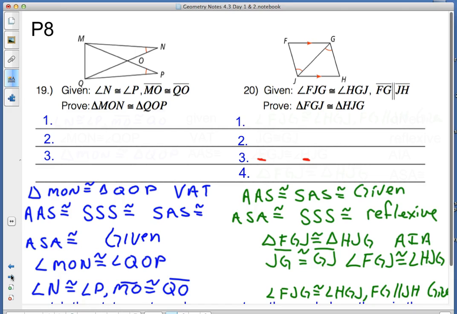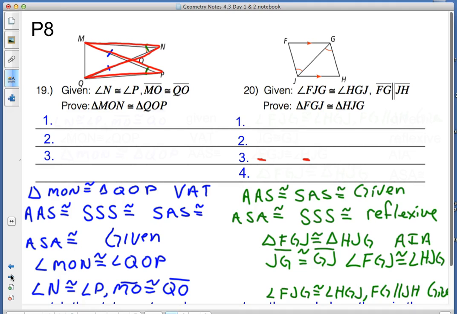So here's the 20-second ticker. I got a given. I've got angle N and angle P, which are marked. I've got MO and QO, which are marked. But wait a minute, I got this triangle and this triangle congruent is what I'm supposed to write.